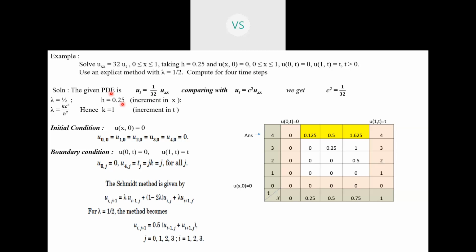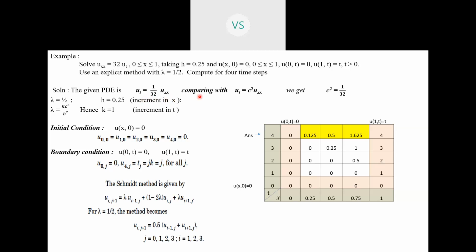Now the given equation is what? Here it is uxx is equal to 32 ut. We'll write this in this form: ut is equal to 1 by 32 uxx. That is, del u by del t is equal to 1 by 32 del square u by del x square.